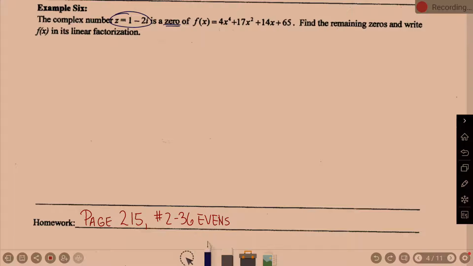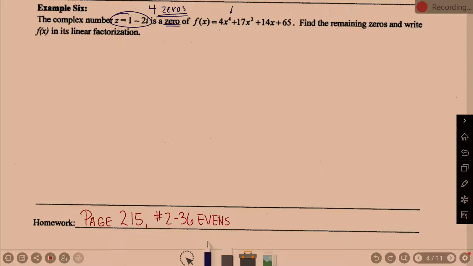Yeah, by the time we get done with this problem, we know, because of that 4 right there, that there should be 4 zeros, right? And we are currently given 1 minus 2i.